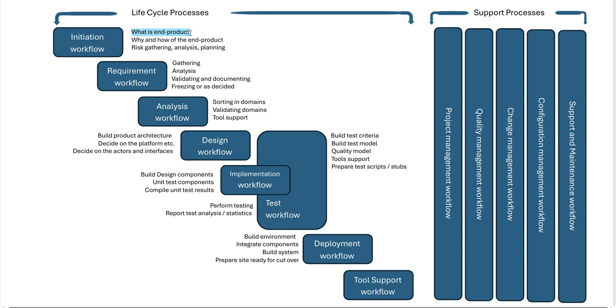We won't continue this project. As in the definition it was mentioned that the lifecycle process ensures that the end product should reach the customer expectation. So in the initiation workflow we decide whether the end product is even possible to build or not.